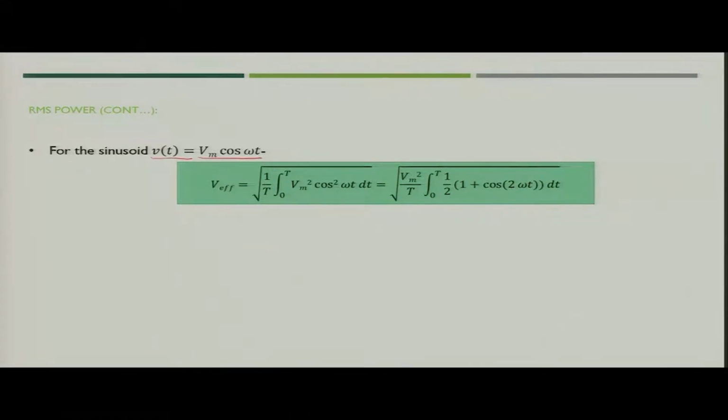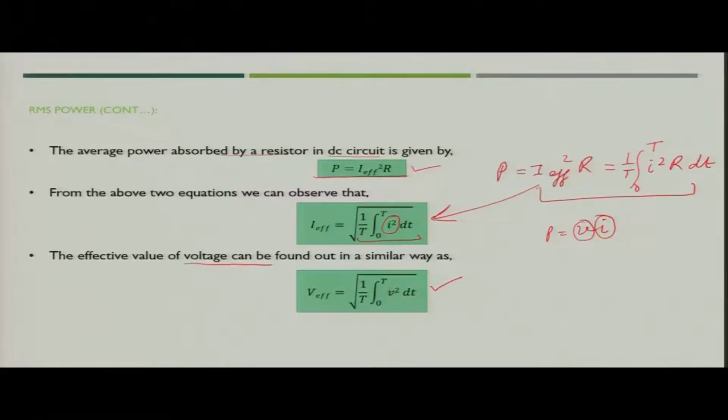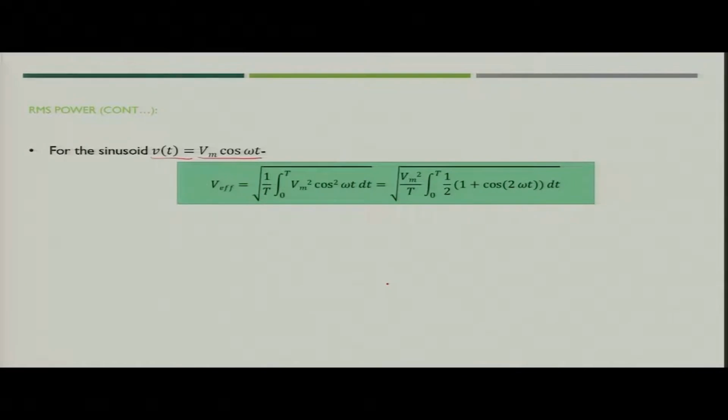Now, if you put this value of V, because this is the instantaneous voltage and it is represented in the form of sinusoid, you will write V effective is 1 by T integral 0 to T Vm square cos square omega t, because we have the V square term. So, this will become Vm square cos square omega t dt.